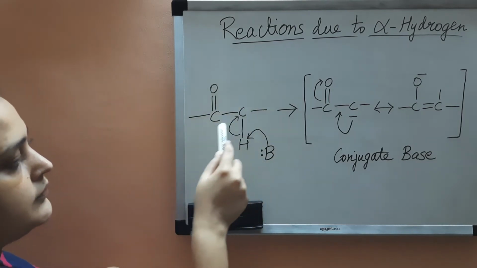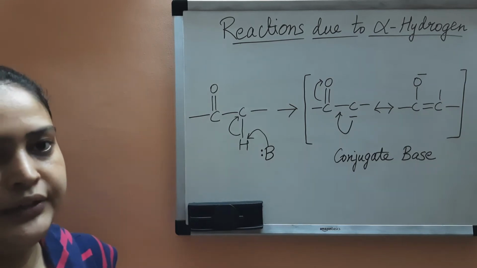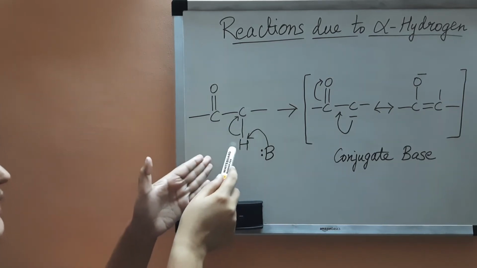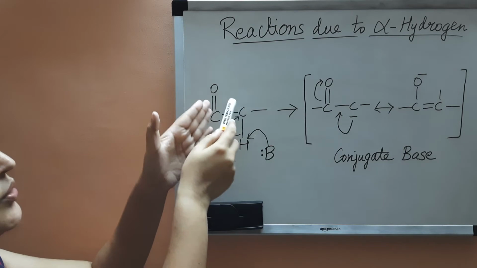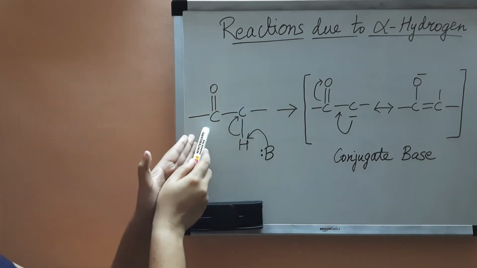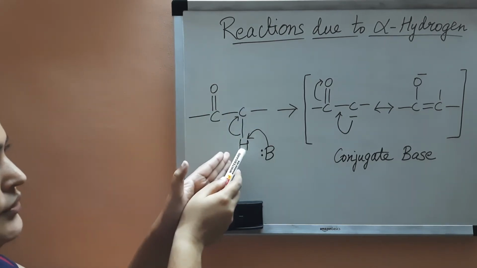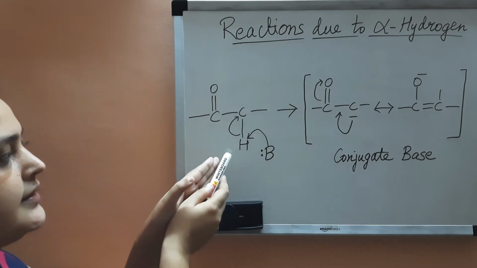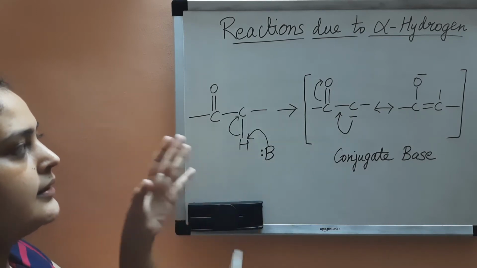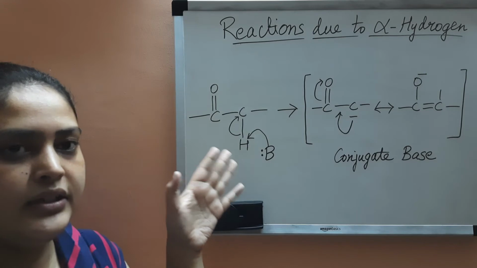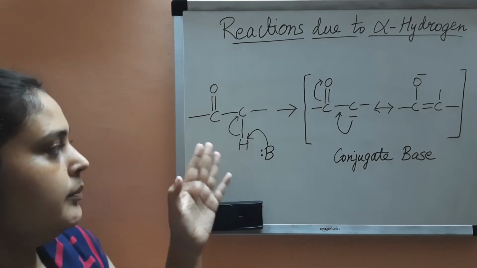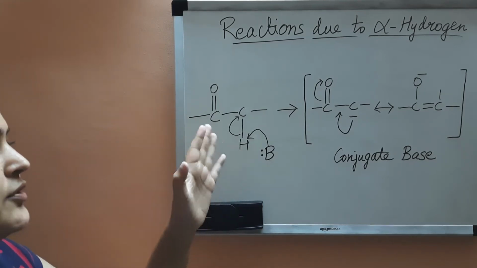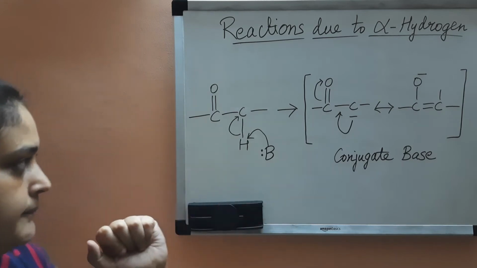So this is the alpha hydrogen of an aldehyde or ketone, meaning the hydrogen atom attached to the carbon atom next to the carbonyl group. When it is abstracted by a base, this is known as the acidity of the aldehyde or ketone, because it is giving its proton to the base.